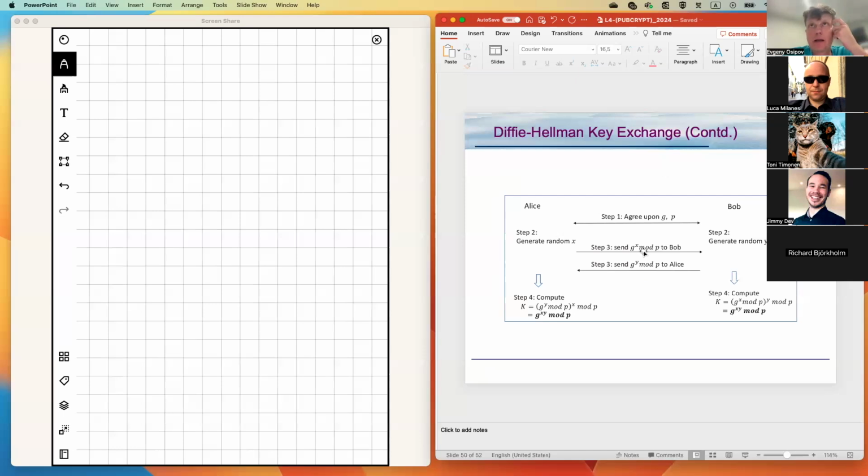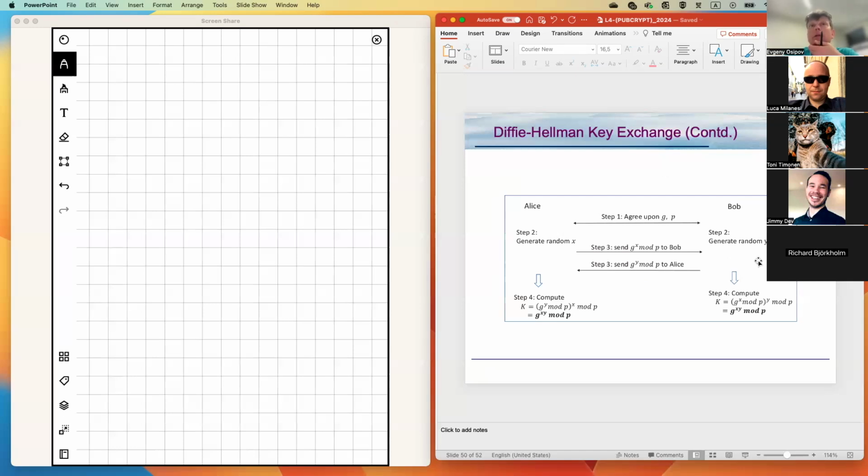Okay, how does it help Bob, the one with whom we want to share the secret, to use it? Well, in a pretty much similar way. Bob also generates a random number, y.